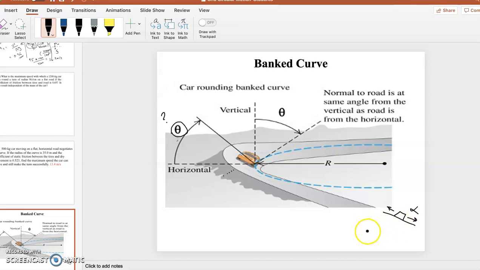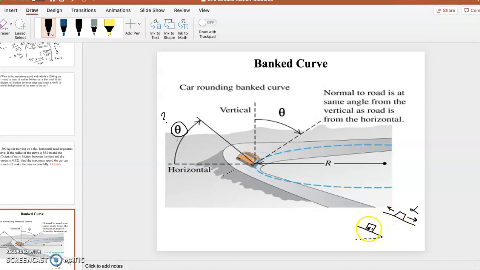From the beginning of the chapter, I mentioned that it is kind of an inclined plane because we have an angle. But if you take a cross section of the banked curve, this is basically the car moving towards you or away from you.